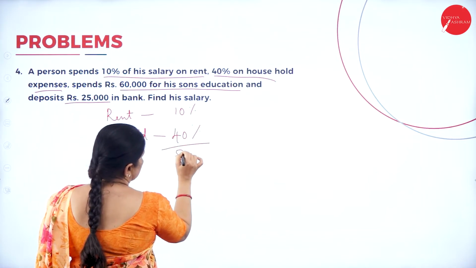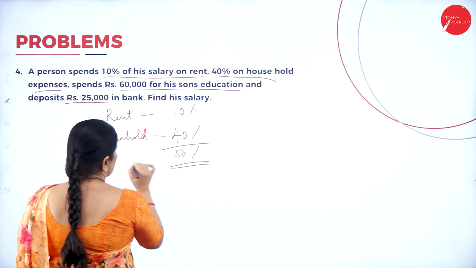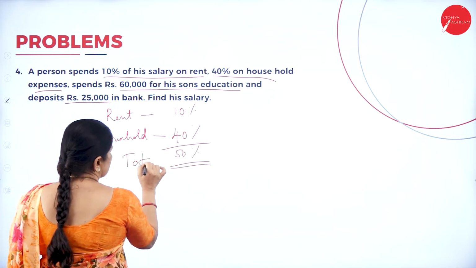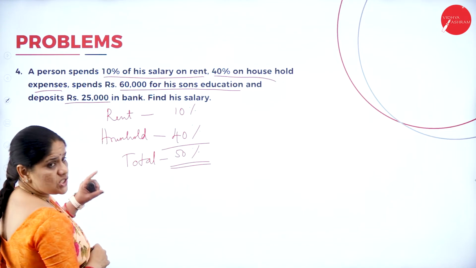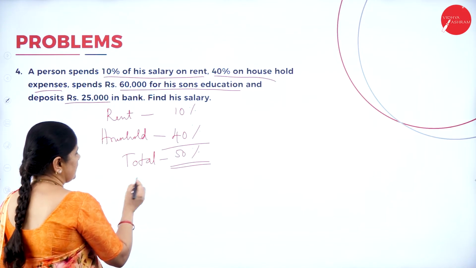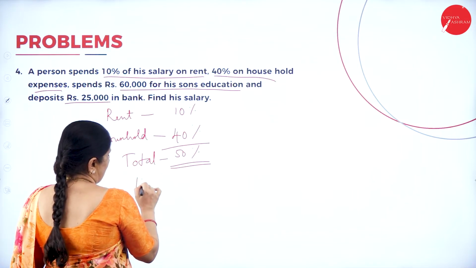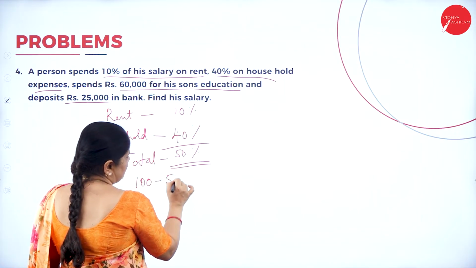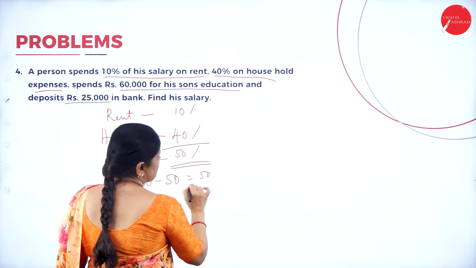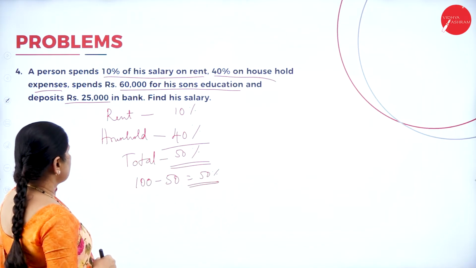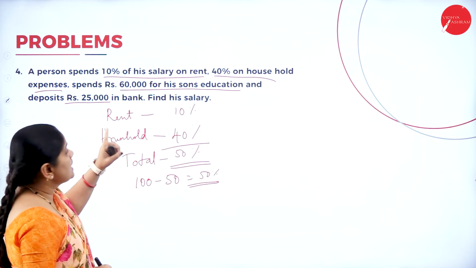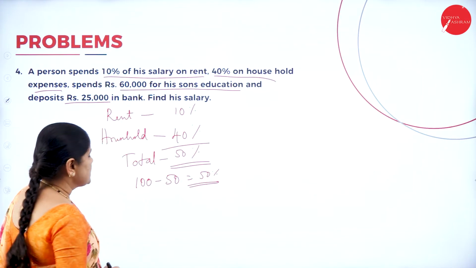So, total is 50%. Now, out of 100, the 50% salary is gone. So, 50% remains.